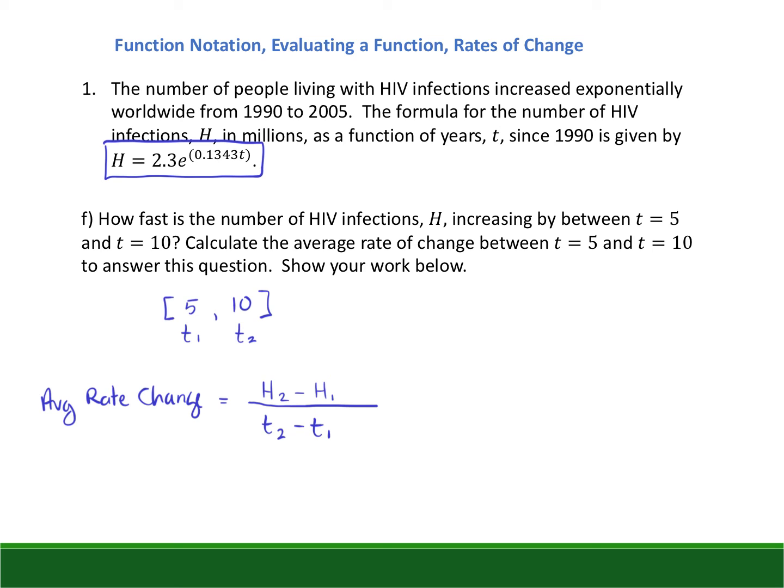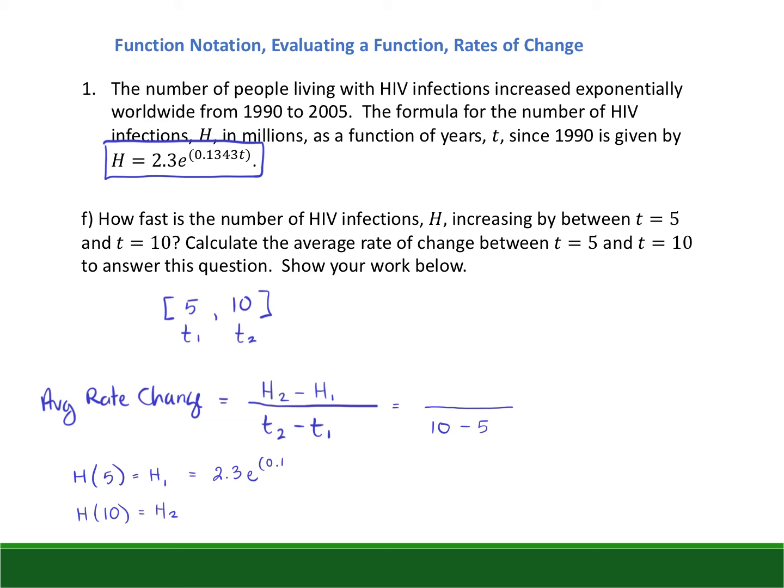We know what the input values are: we're looking at the average rate of change between t equals 10 and t equals 5. Now we need to figure out, using function notation, the number of HIV infections after 5 years, which gives us h sub 1, and the number of HIV infections when t is 10 years, which we're calling h sub 2. All you have to do is substitute into the equation.